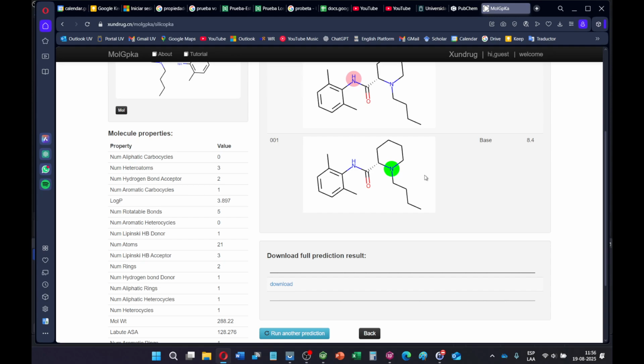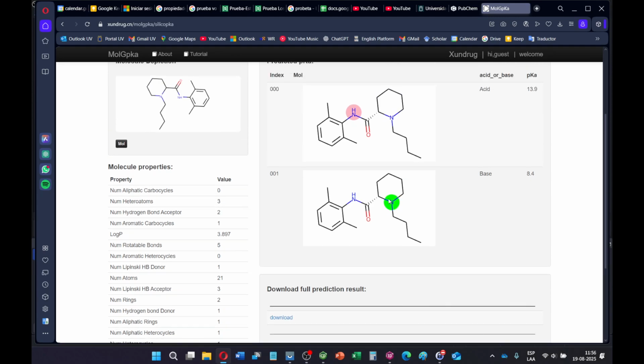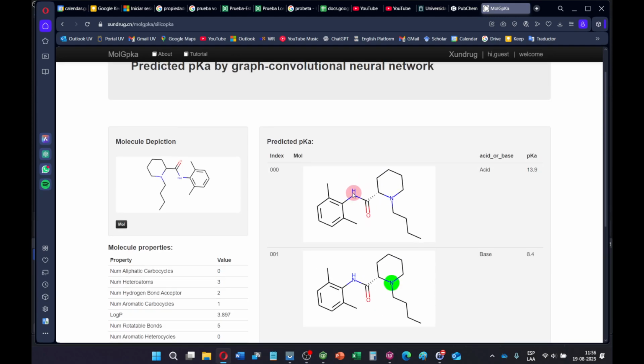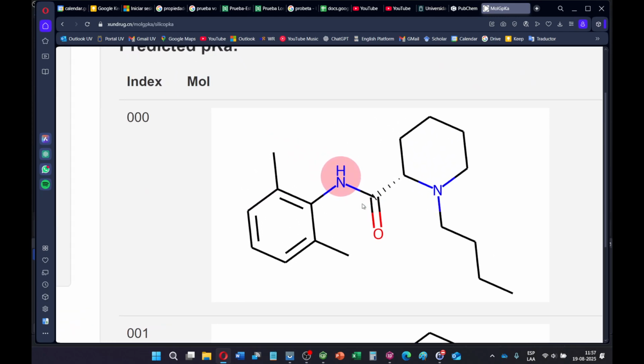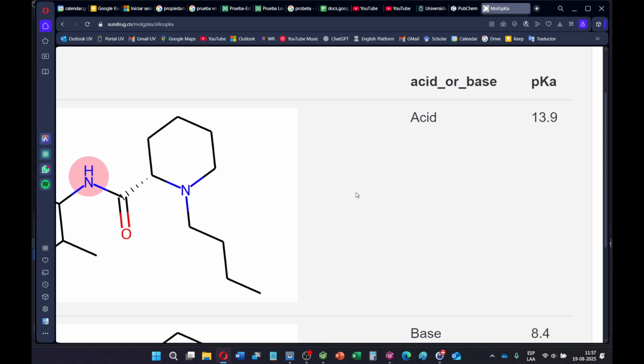This is a calculation, but second observation: ask what this marked in red means. Here it says acid, base, acid. Then it says base. That is what this is saying, that protonation can be done here. That is the value you see here. 13.9 is the pKa value of this neutral proton.